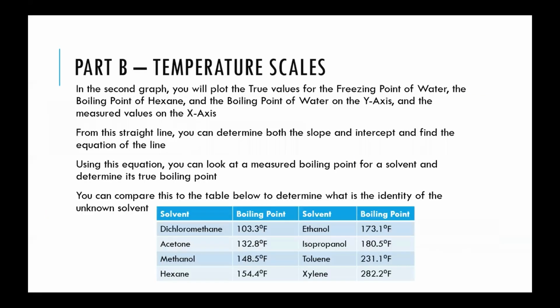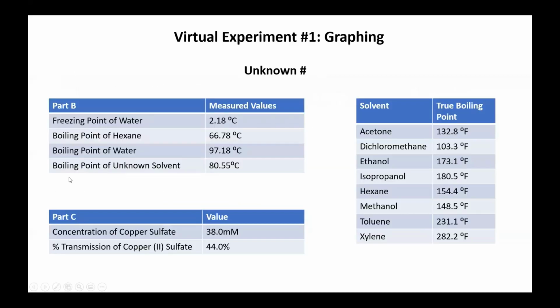And then you're going to be using that to determine the identity of an unknown solvent. So this last line, boiling point of unknown solvent, is using the thermometer that gives these values. You put the thermometer in a boiling liquid and it is 80.55 degrees in this example.